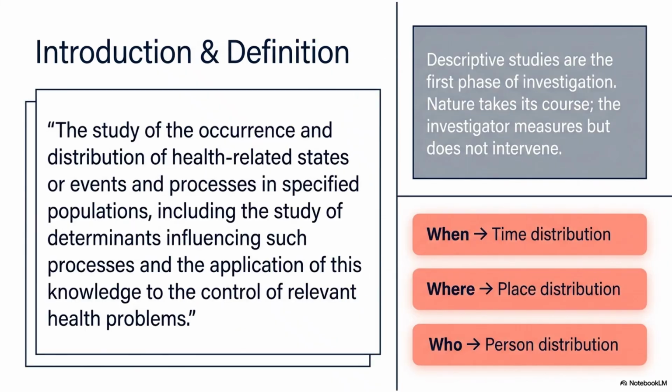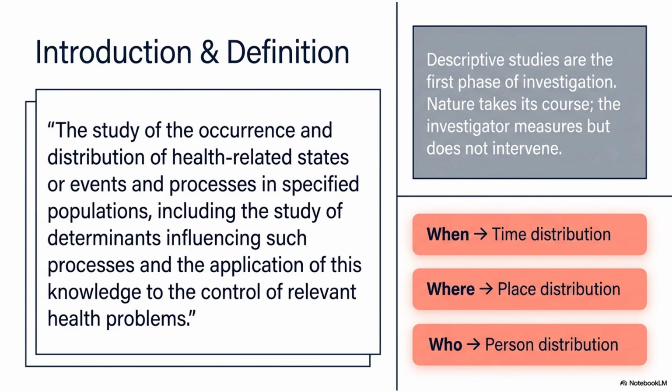Whatever is the epidemiological study design, first we should write the definition of epidemiology, which is the study of occurrence and distribution of health related states or events and processes in specified populations, including the study of determinants influencing such processes and the application of this knowledge to control of relevant health problems. Some keywords you should remember.